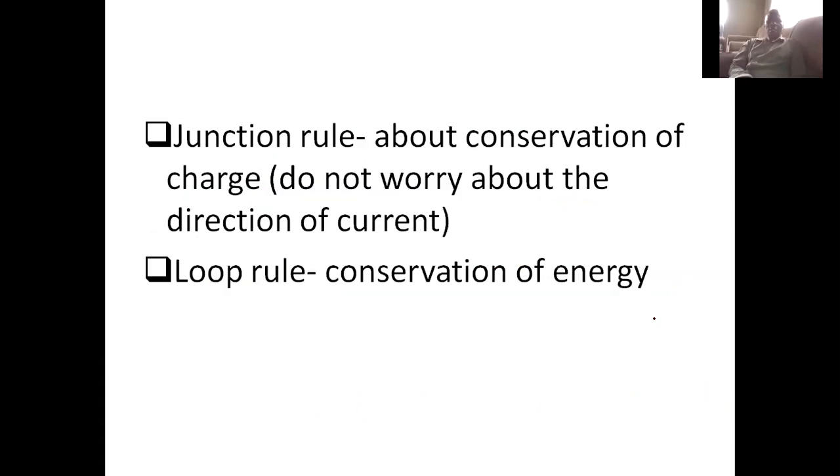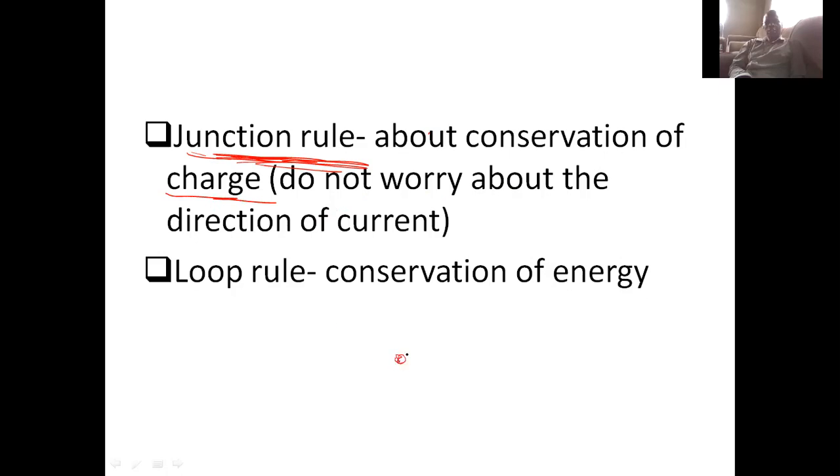The first rule, the junction rule, is that the sum of the currents entering a junction should be equal to the sum of the currents leaving a junction. This states that charge is never destroyed.